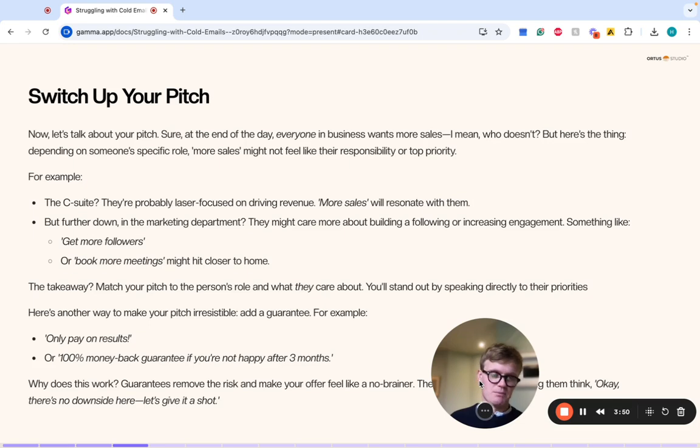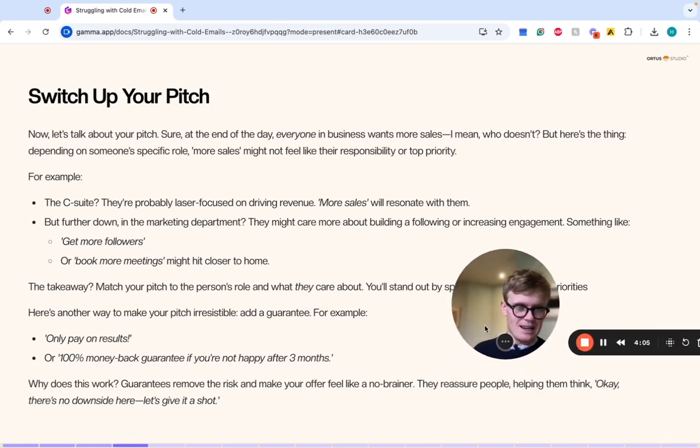Let's say you're an SEO client, you could guarantee them X amount of followers after 3 months, X amount of traffic after 3 months, and if you haven't hit that, you could then offer their money back. That's a good one. Essentially, guarantees are going to massively reduce the risk and make them think, wow, this is really a no-brainer offer. There's no downside here, I might as well give this service a shot.